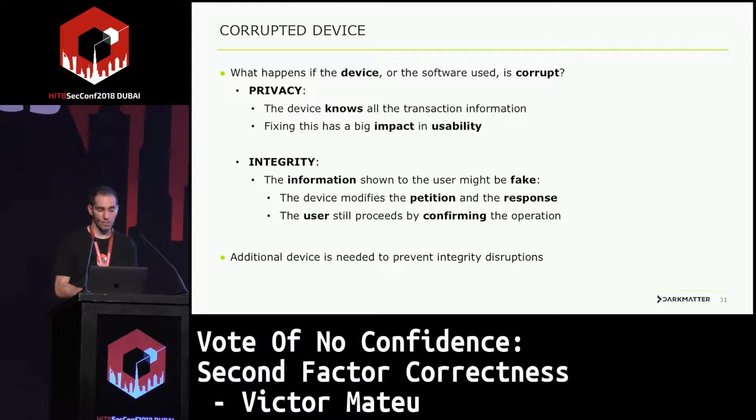For integrity, it's completely different, because if you got the keys, you might modify the information, right? If the device modifies one of the communications, it might be able to cheat on the user. So this basically means that we need an additional device, which will be the one that we use in order to validate the actions from the first device.